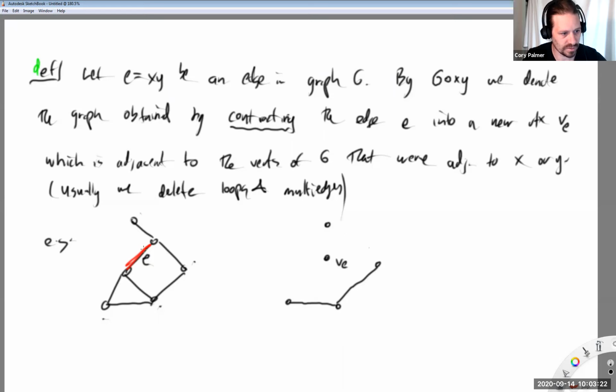This one's not adjacent to this one, that's this vertex and this vertex. They're both adjacent to v sub e. This one is adjacent to v sub e because this edge was adjacent to this end. This one was adjacent to that end as well, so it goes there. Sorry, it's not adjacent to this vertex, but it's adjacent to this vertex of the edge. So it's there, and this one's there. Okay, so that's simple. That's an edge contraction of the graph.